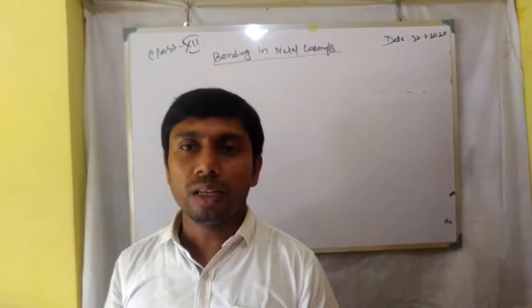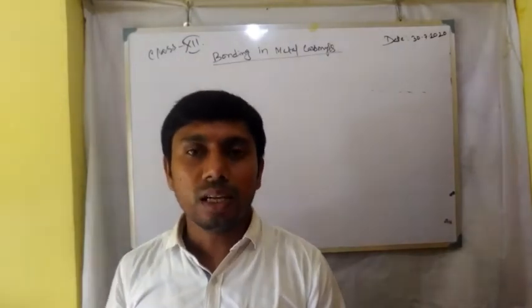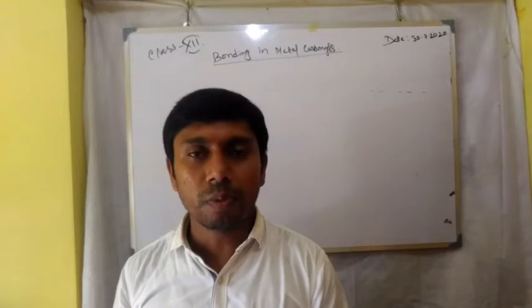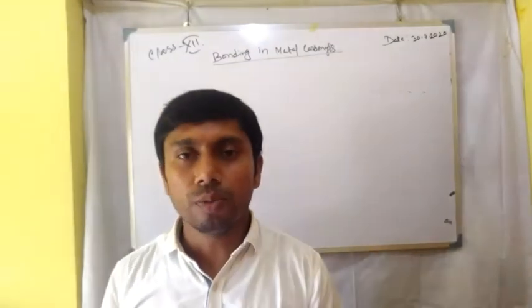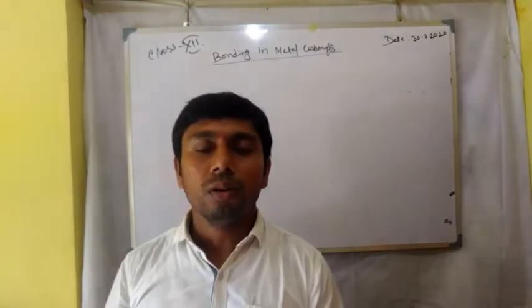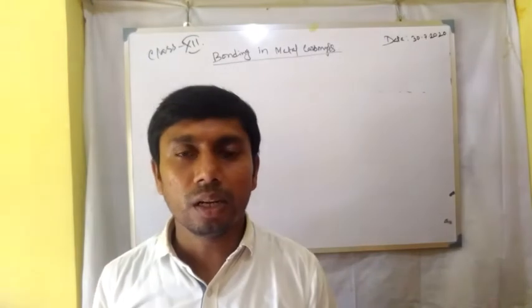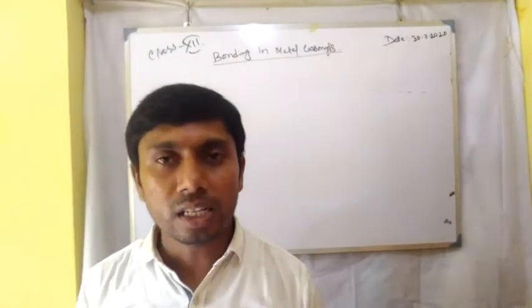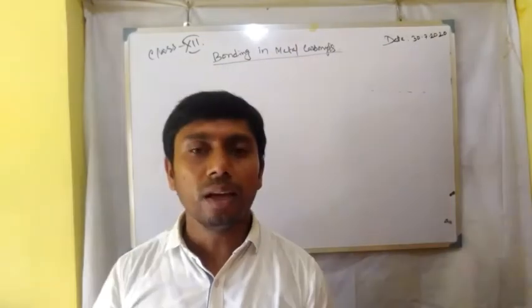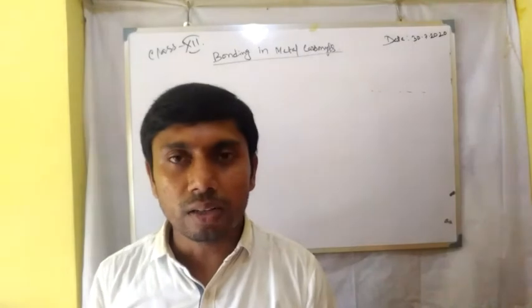Now, today I will discuss bonding in metal carbonyl. Last day we told you about the splitting of octahedral and tetrahedral geometry. That means how the 5 degenerate d orbitals are split into two different sets of orbitals when they are kept in a tetrahedral or octahedral field.